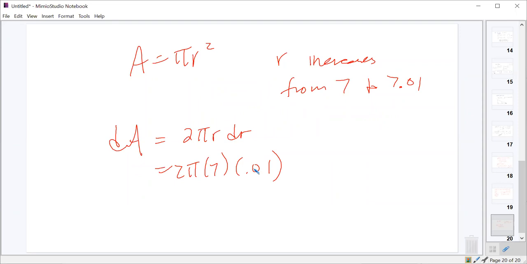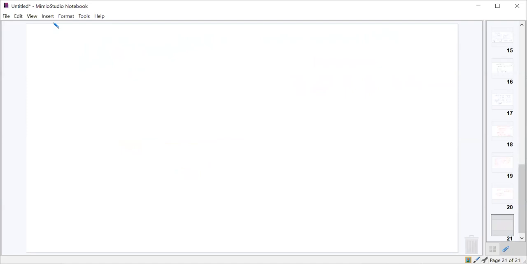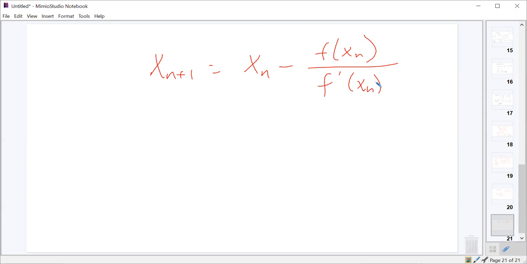And as far as Newton's method goes, like I said, they're not going to ask you anything on that, but it's just a matter of knowing what the formula is, and your formula is always going to be, let's see here, your next guess is always equal to the previous guess minus your function over the derivative of your function.